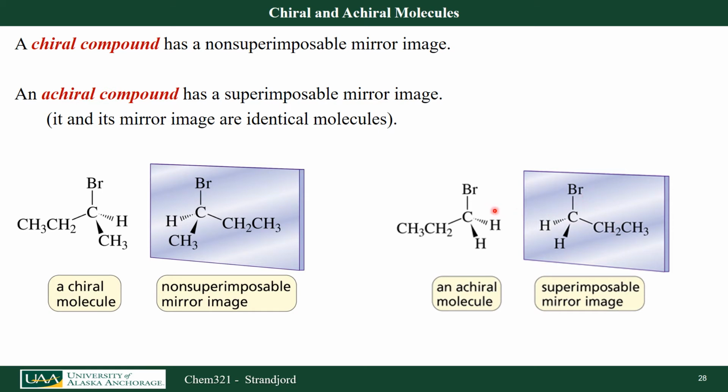In fact, these molecules are superimposable. In fact, this carbon is not chiral either. It does not have 4 different things attached to it. It's got 1, 2, and these hydrogens are the same, so it's only got 3 different things attached to it. So these two are identical molecules. They're identical compounds. They're not stereoisomers of each other.